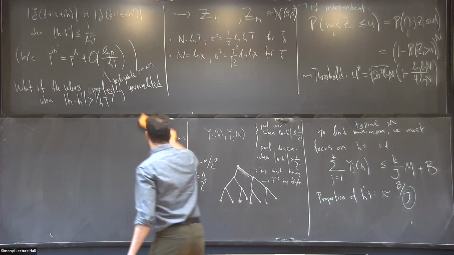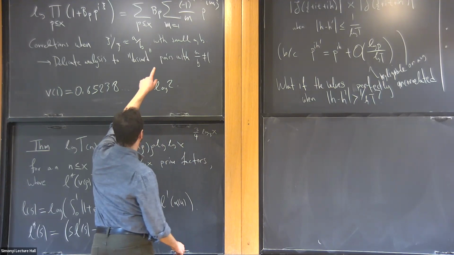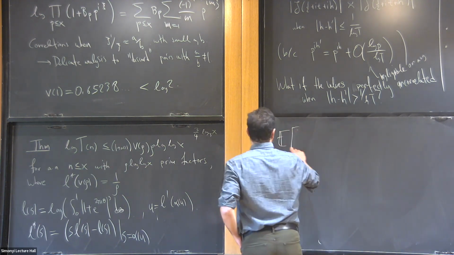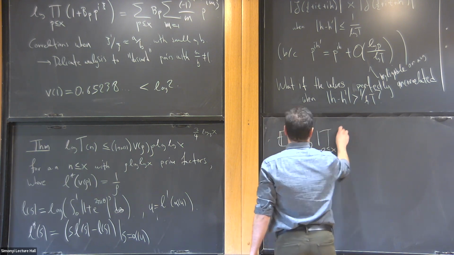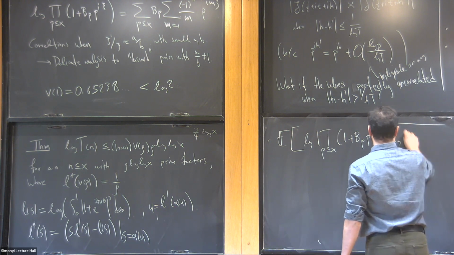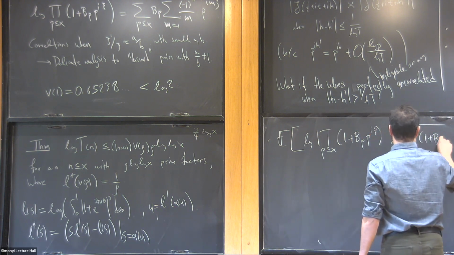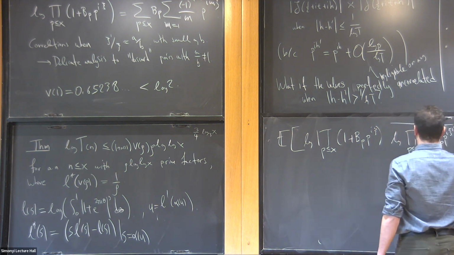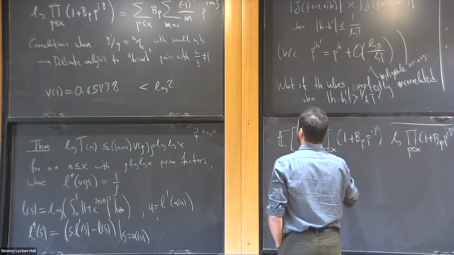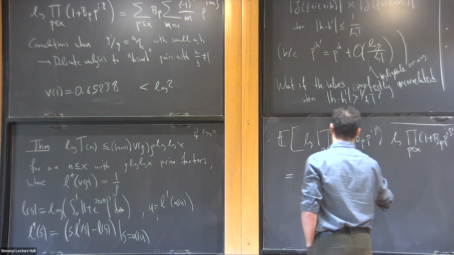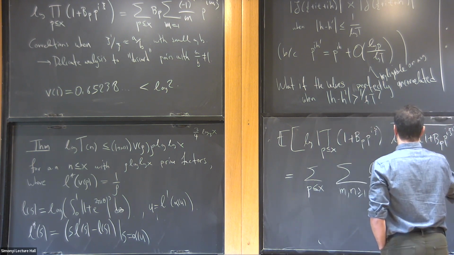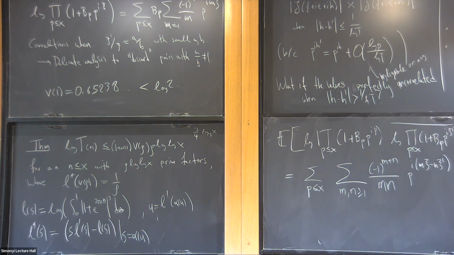Because you're not averaging over C. If you just take this expression and multiply it by the same thing for some C prime and compute the expectation, then you're going to get a double sum over m and n, and you have p to the i times m x c minus n x c prime.